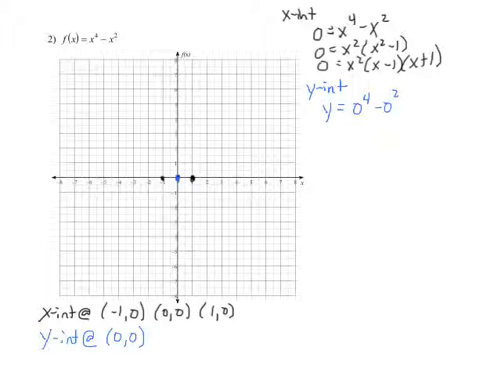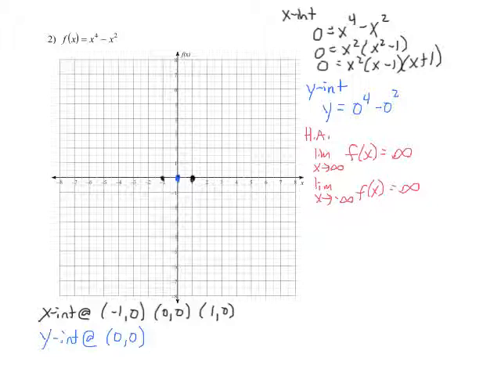Then we're going to ask ourselves, are there any horizontal asymptotes? So for horizontal asymptotes, we will take the limit as x goes to infinity of our function, and in this case that equals infinity, so there's not one on the right hand side, and we take it from the left hand side, and we also get infinity.